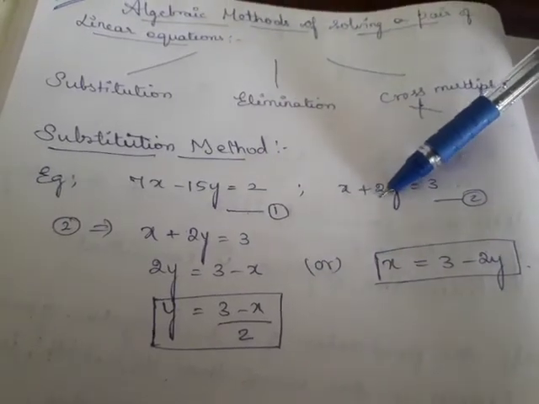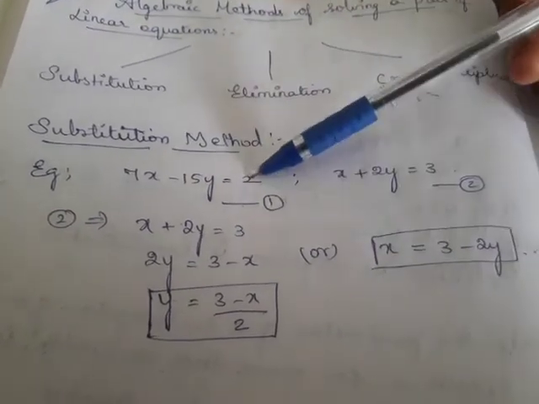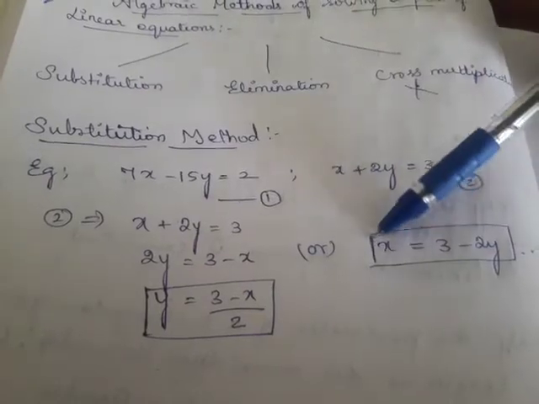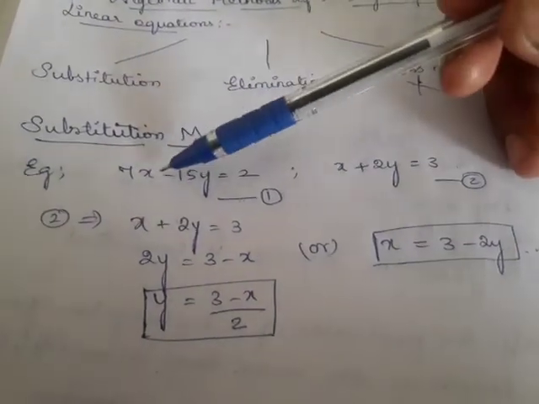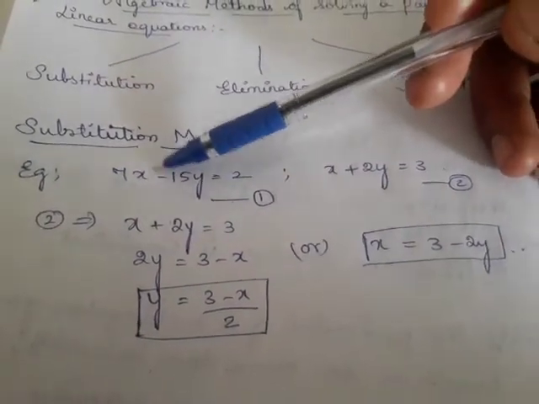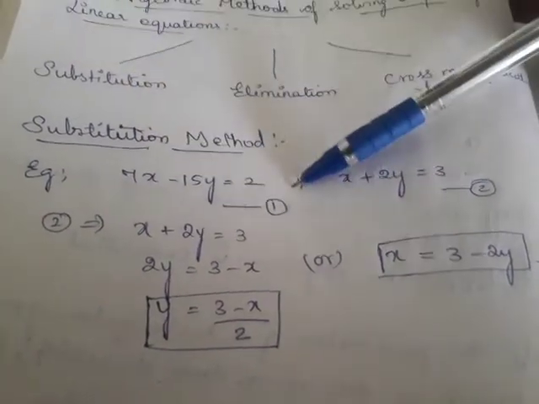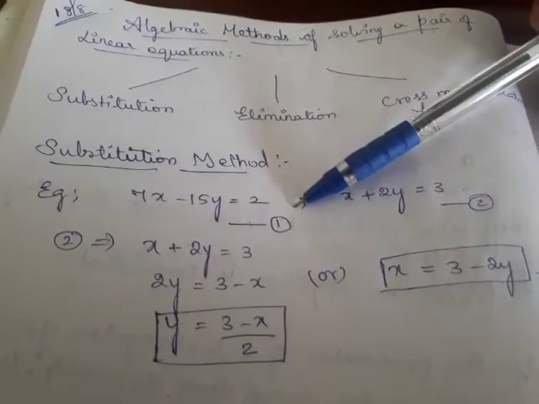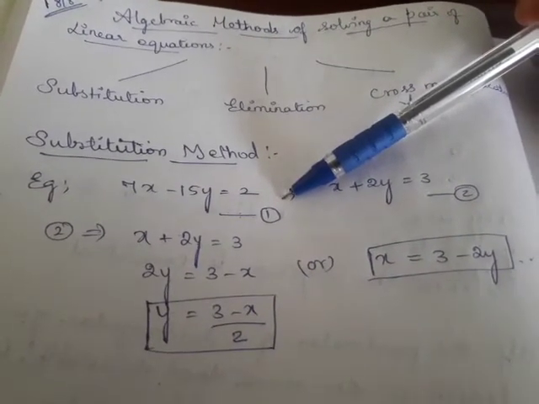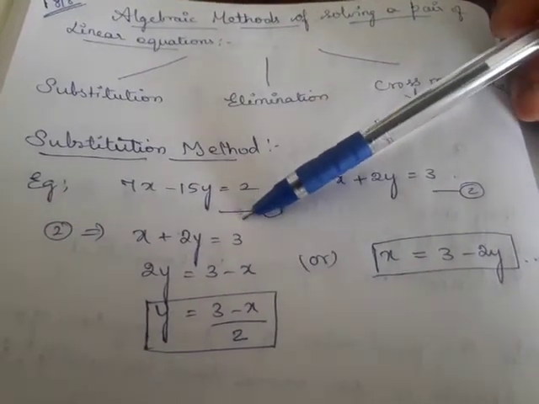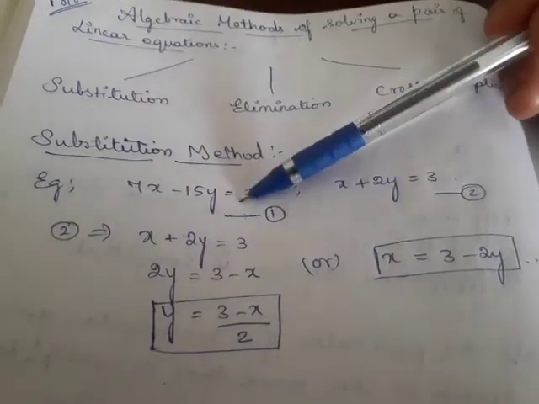Now what you should do? Substitute this value in the first equation. If you feel this is easier, so substitute x equals 3 minus 2y in the place of x in the first equation. Then everything you will get in terms of y. Then you know how to solve it, right? Keep like terms alone in one side and bring the remaining terms to the other side and solve for y.